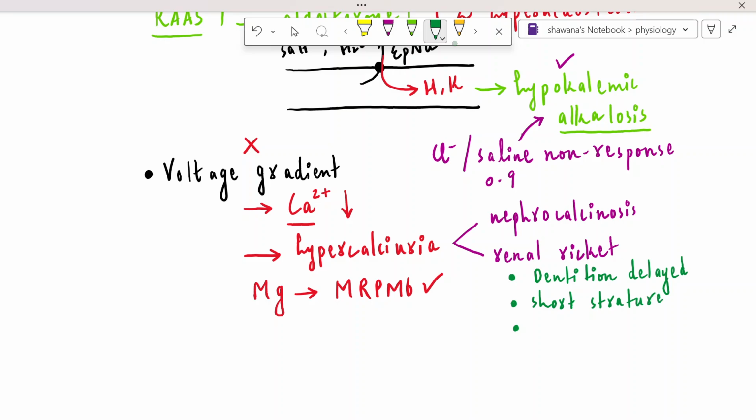And the third is a wide open anterior fontanelle. These are manifestations of hypercalciuria, or in other words hypocalcemia, low calcium in the blood.